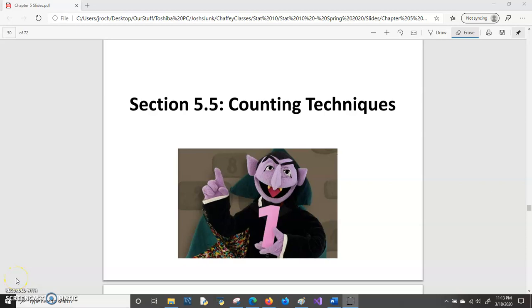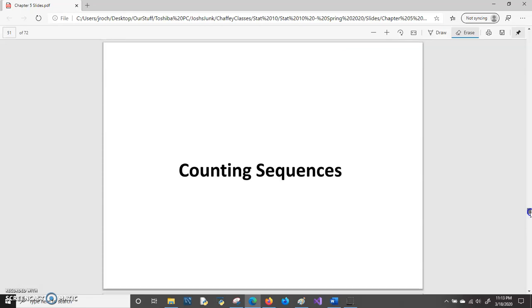Section 5.5 talks about counting techniques, and we'll focus on one particular counting technique. This technique is good for counting sequences of selections, very large sequences and large selections that are difficult to count by hand.